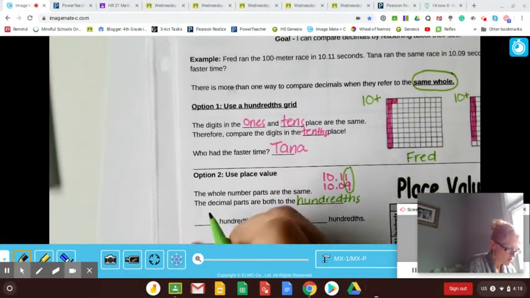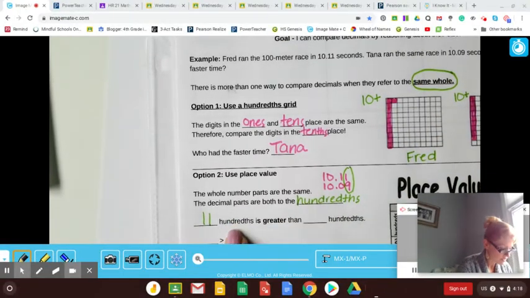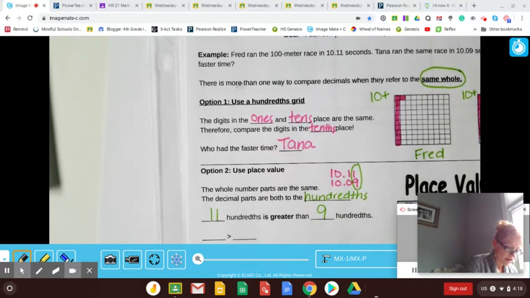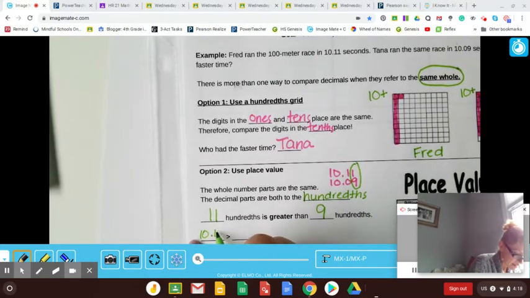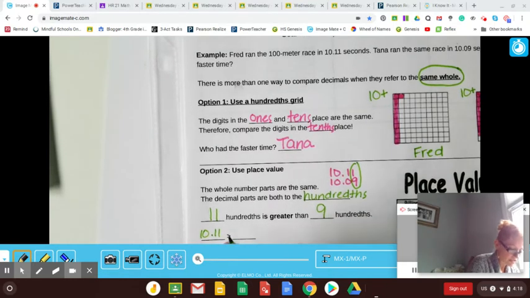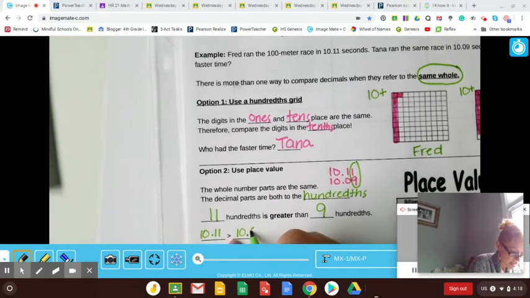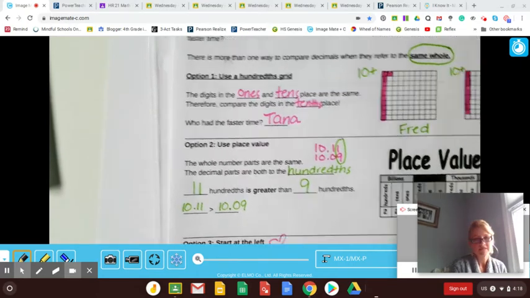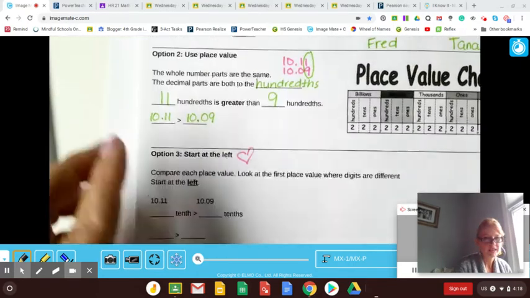And I know that 11 hundredths is greater than 9 hundredths. Therefore, 10 and 11 hundredths is going to be greater than 10 and 9 hundredths. So using place value is another way to do it.